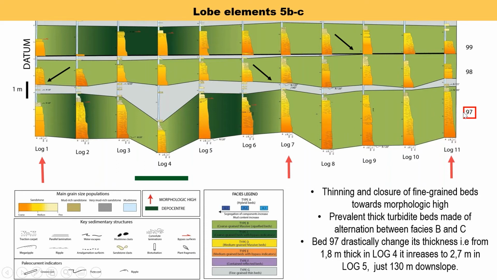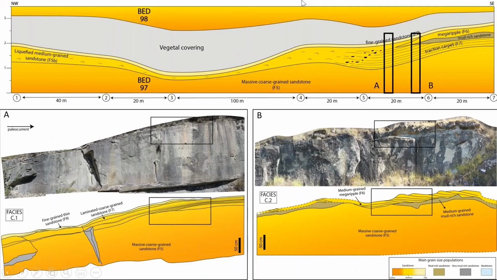And now I will show to you a detail of bed 97 between log 4 and 5. In the upper part, we can appreciate the lateral facies and thickness variability over a section 200 meters long.